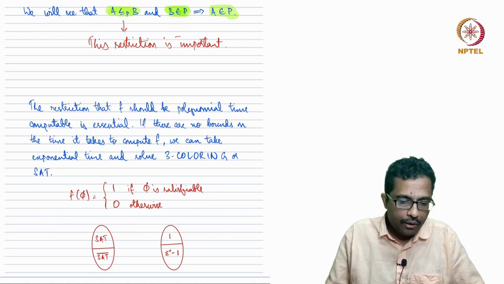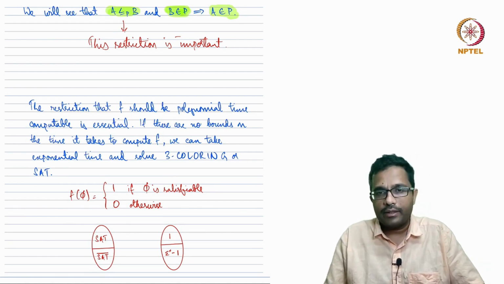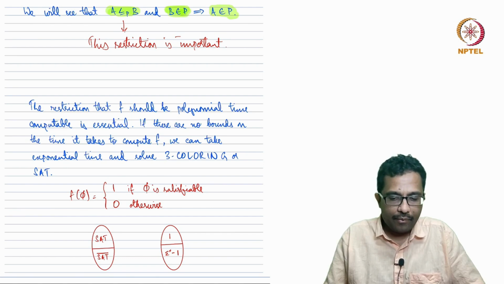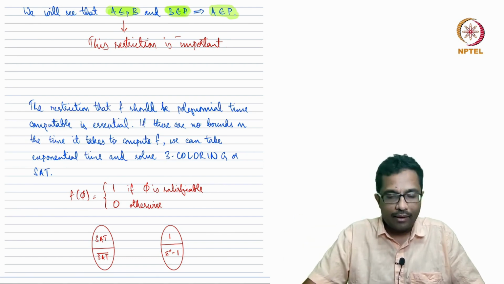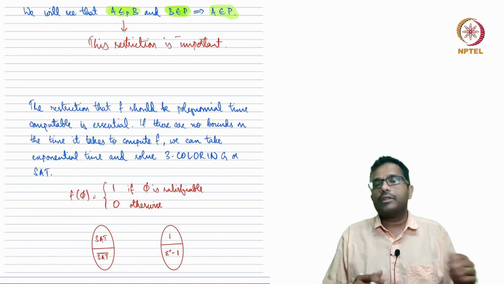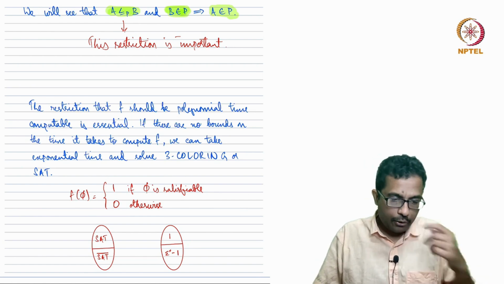I'll tell you how to compute a reduction to a language, where the testing of the second language will be polynomial time, but the original language is something that we do not know whether it is in polynomial time or not.